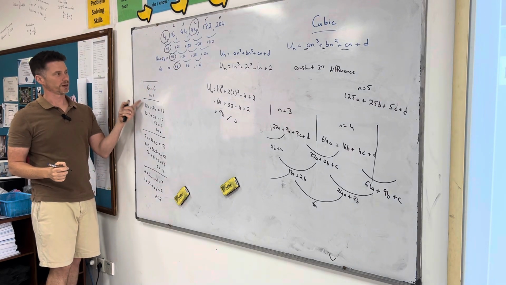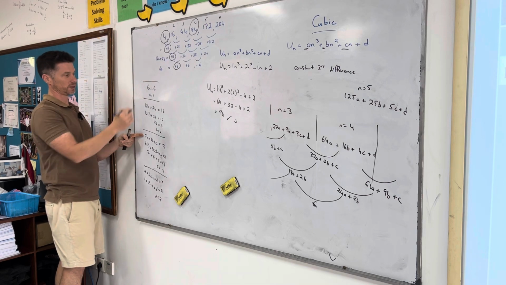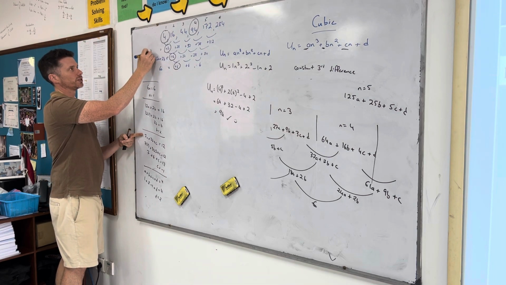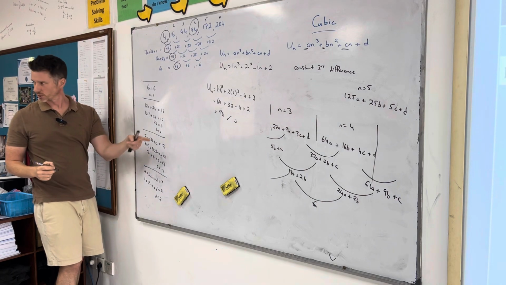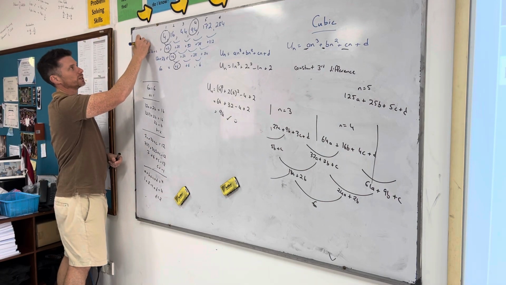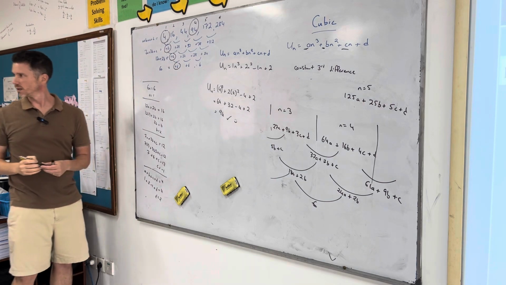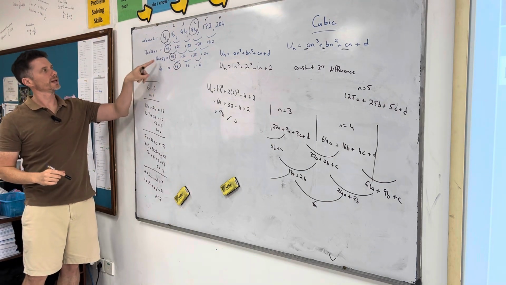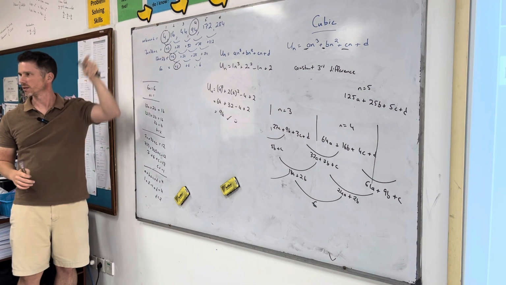I solved that. I knew what a was. This one equals 7a plus 3b plus c. Then I knew what a and b were, so solve c. And then this one was a plus b plus c plus d is equal to that. Work from the bottom to top. Once I know a, I can solve for b. Once I know a and b, I can solve for c. And once I know a, b, c, I can solve for d.